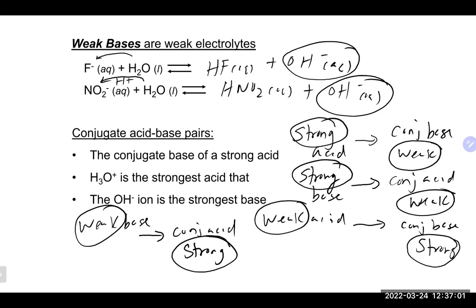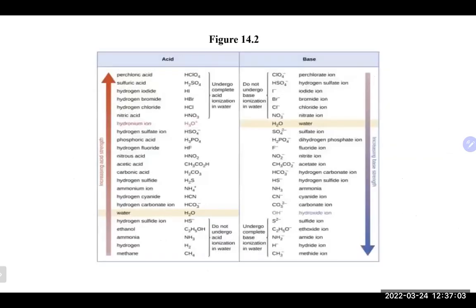H3O plus and OH minus are the strongest acid and base that you could get in a solution. Here's a table from your book, which might also help you with the strong acids. And you can see those are really the ones we just talked about on that page. So if you just remember those are strong, everybody else is going to be on the weaker side below it. And there's the opposite relationship here.